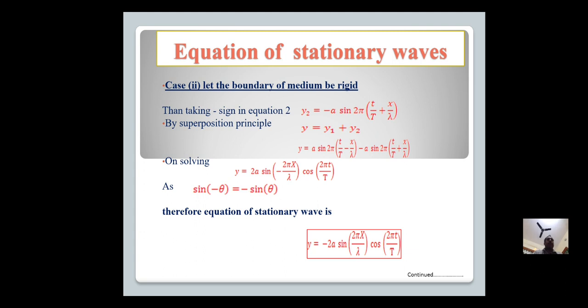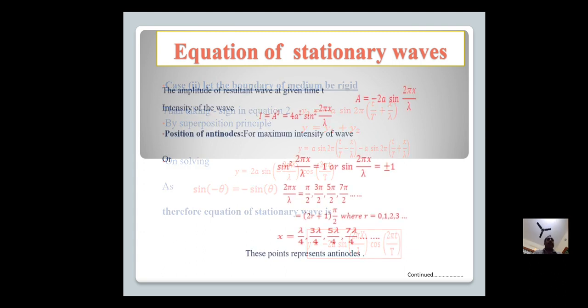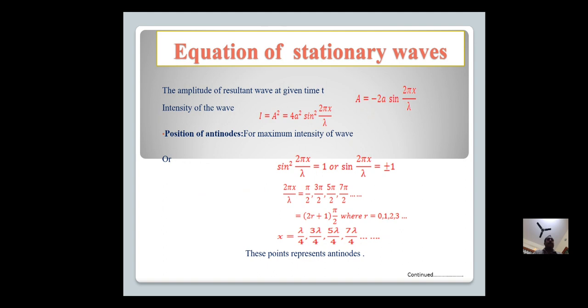So again we explain the resultant wave similarly as in the case of the free medium. The amplitude of the resultant wave at a given time t is given by minus 2a sine 2 pi x upon lambda, and the intensity of the wave will be the square of the amplitude, that is 4a square sine square 2 pi x upon lambda. To find the position of antinodes, where the intensity is maximum, sine square 2 pi x upon lambda is equal to 1, or sine 2 pi x upon lambda equal to plus or minus 1.